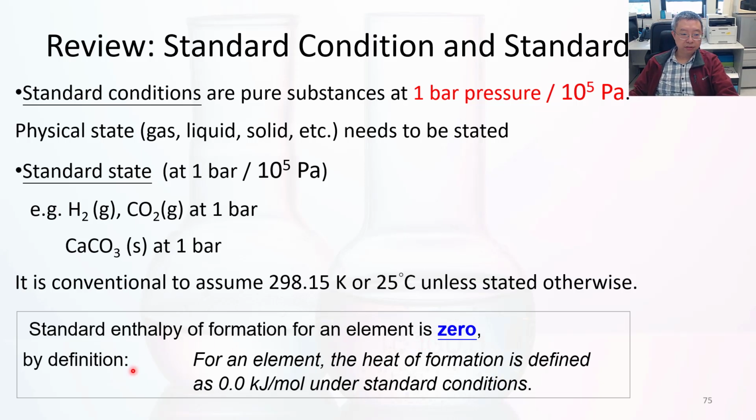The standard entropy of formation of the element is considered as 0. This is by definition. For the element, the heat of formation is defined as 0 kilojoules per mole for standard conditions.